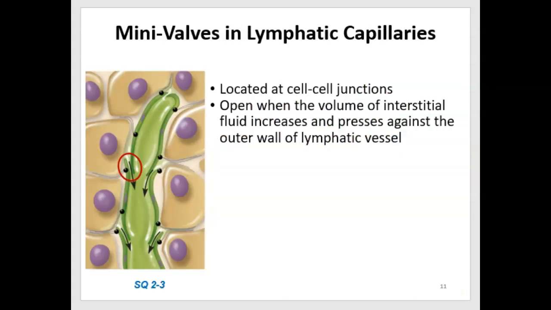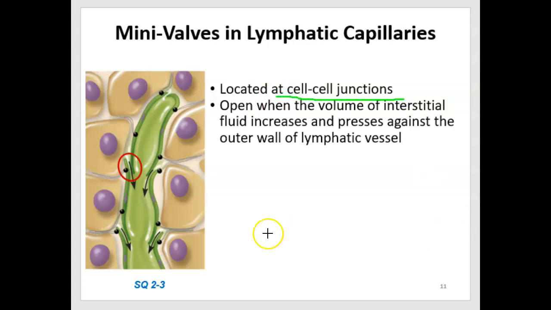The second feature that makes lymphatic capillaries more permeable than blood capillaries is due to the presence of mini valves. These mini valves are present between the cells that form the wall. I've got one circled in red on the diagram. They're located between cells or at cell-cell junctions.